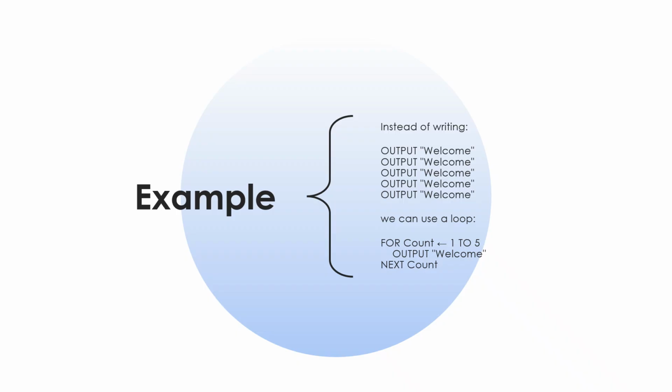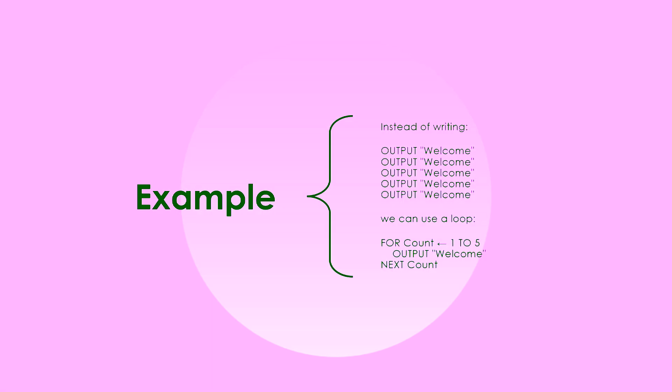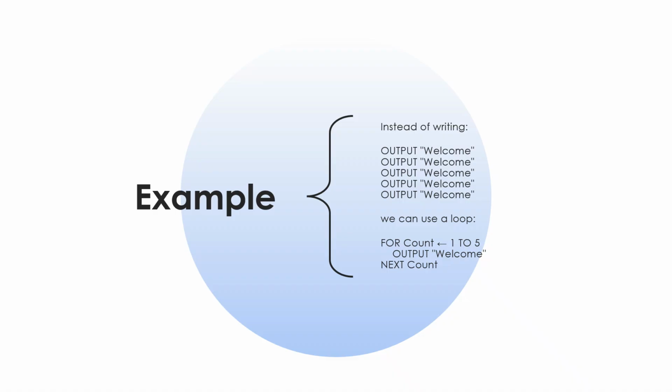Let's take another example, the example that we used in the beginning of writing down the statement welcome 5 times. So instead of writing it down 5 times, we have squeezed it down to only 3 statements, of which the first one is for count 1 to 5, output welcome, and then next count. Now notice that we have not included the step statement here.